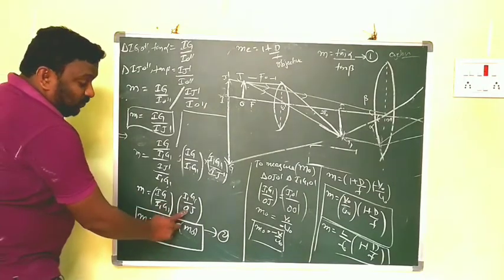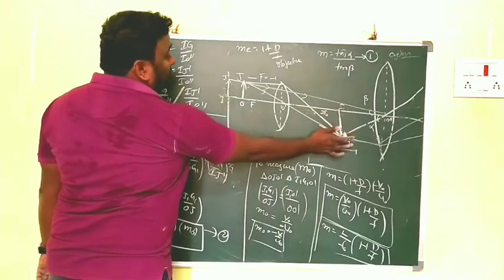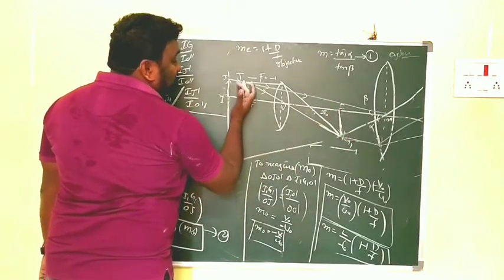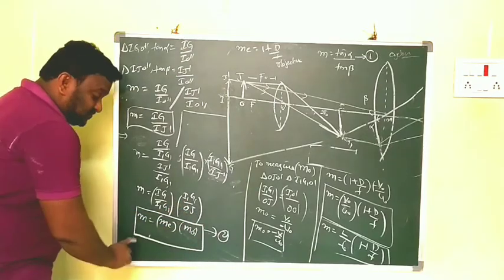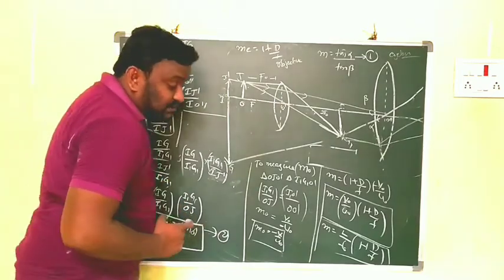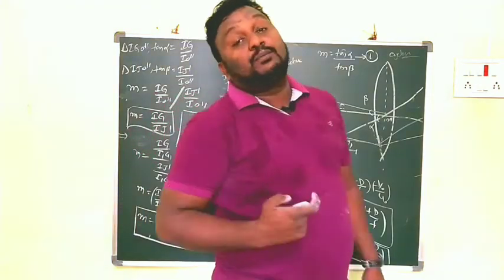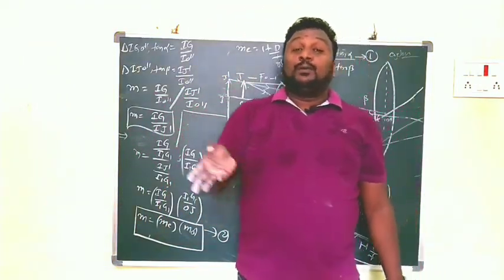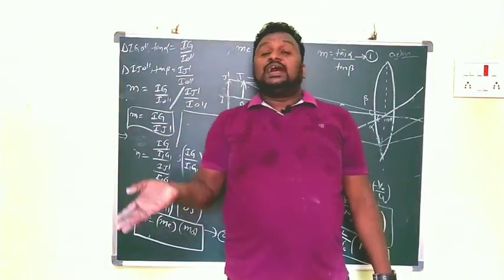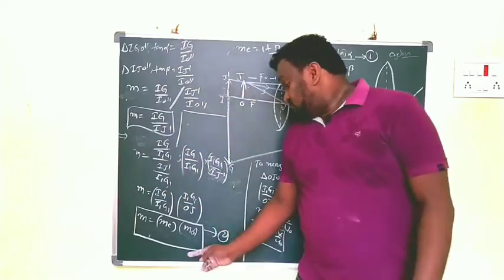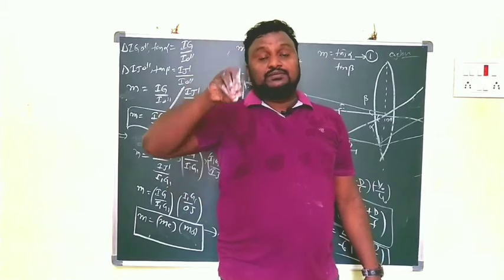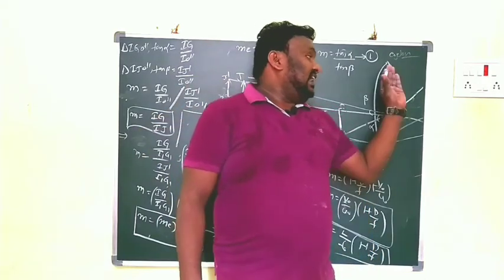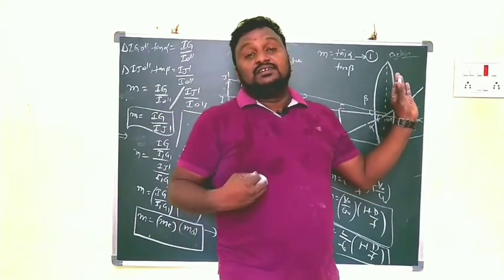And I1Z1 by OJ: I1Z1 is the image for the object lens and OJ is the object of the object lens. That's MO. So from equation 2, the magnifying power of the compound microscope is nothing but the product of the magnifying power of the eye lens and the magnifying power of the object lens. I already told you at the start, this eye lens acts as a microscope.